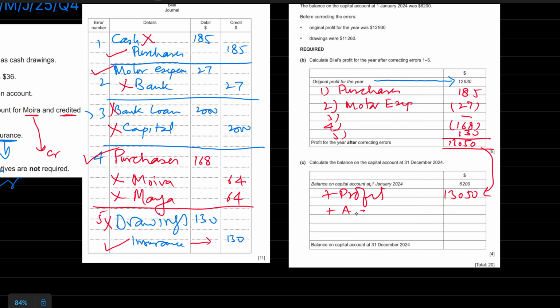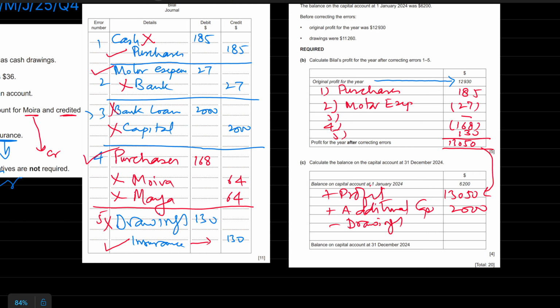Then additional capital that was introduced by the owner will increase capital. Then drawings will decrease capital.